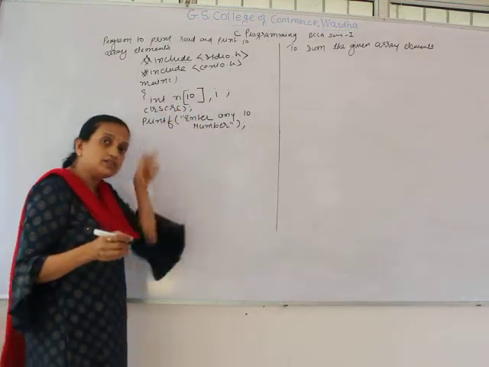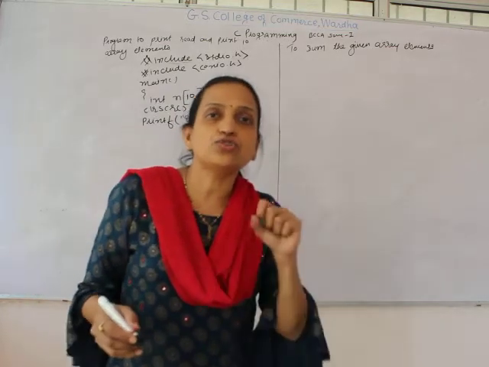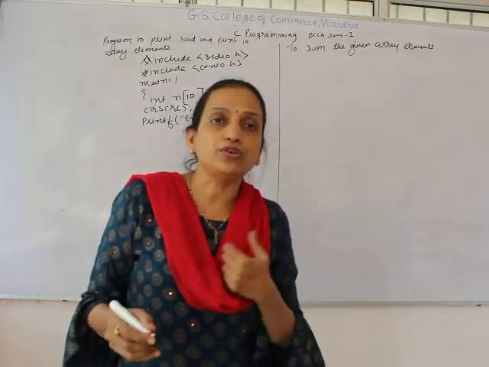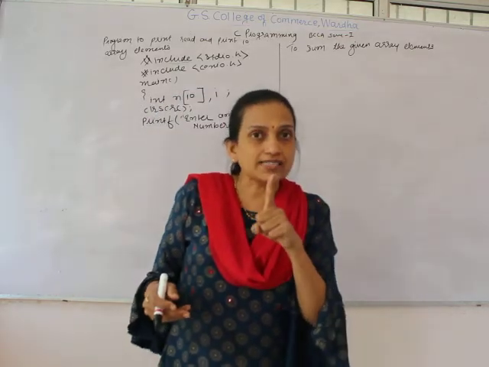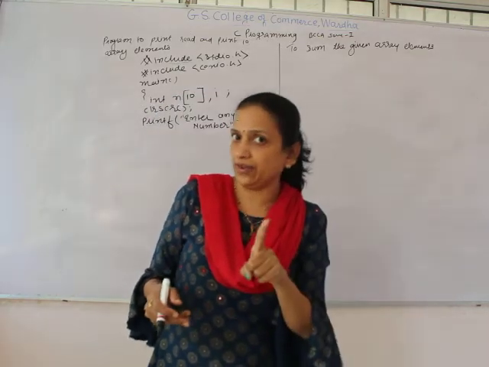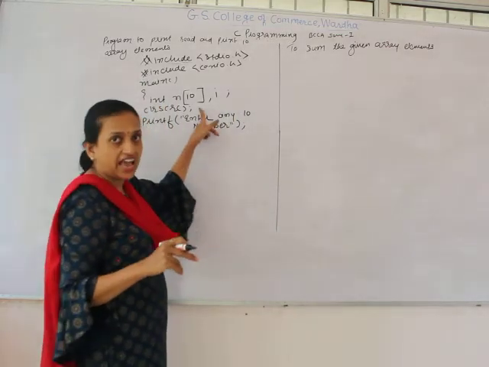Now to enter the 10 values: when you initialize a value to a variable, what do you use? You use the scanf statement. One scanf always reads one value, but here I am going to read 10 values for this array variable.